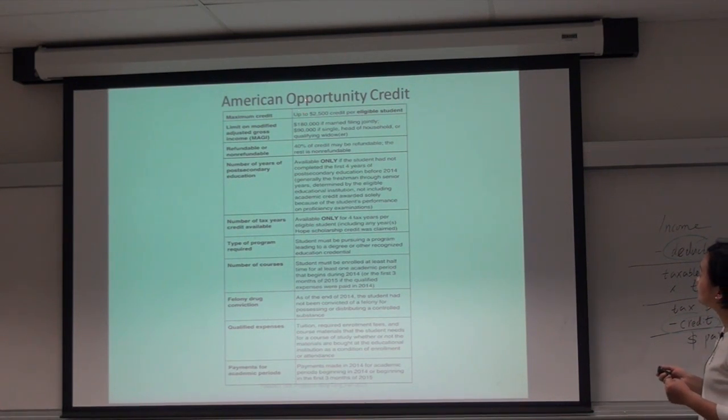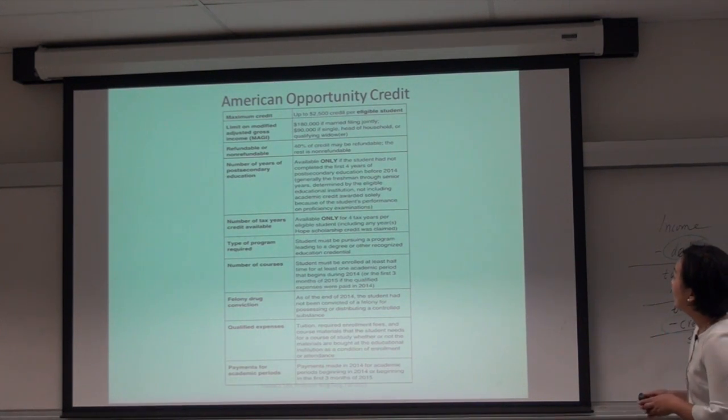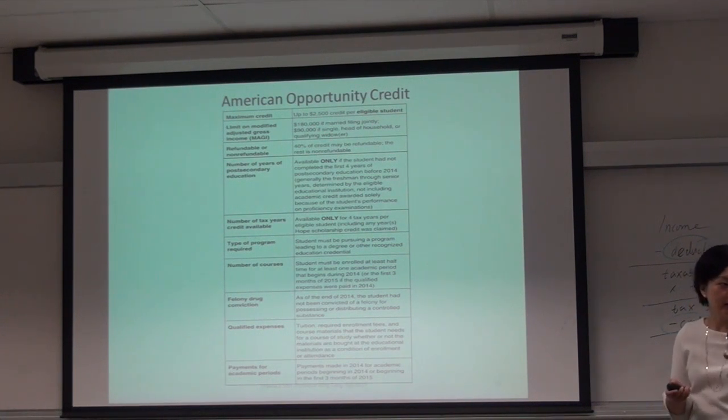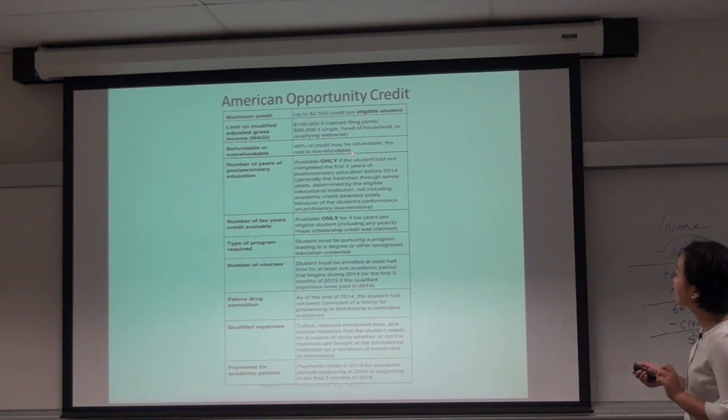So first, you can get only 2,500 credit per student. There's some limit. You cannot get more. And there is some income restriction. If your income is too high, you cannot get it. And it can be refundable. 40% of the credit may be refundable.